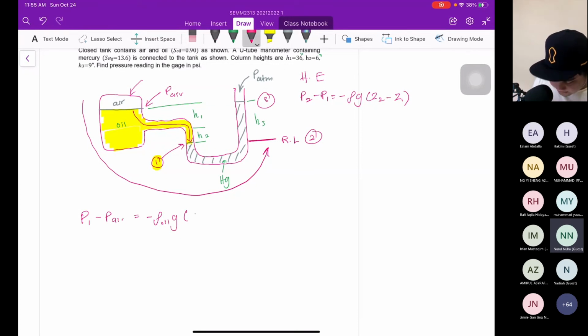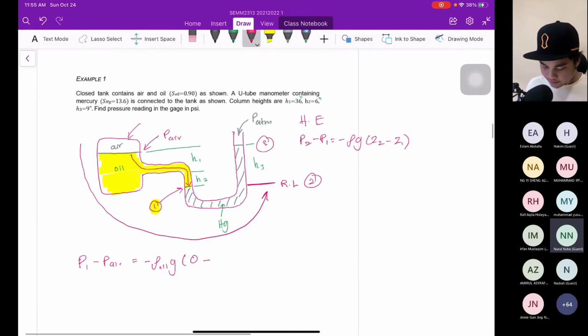So 0 minus P of air. What's the value of P of air? H1 plus H2. What's the value of H1 plus H2? 36 plus 6, right? You can see here.